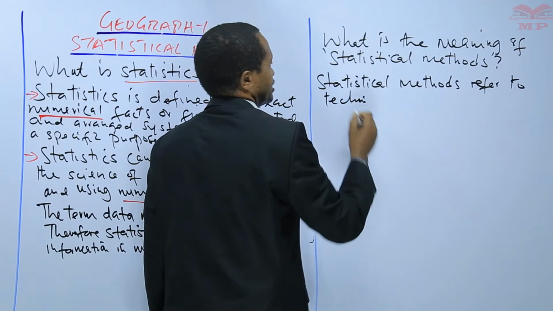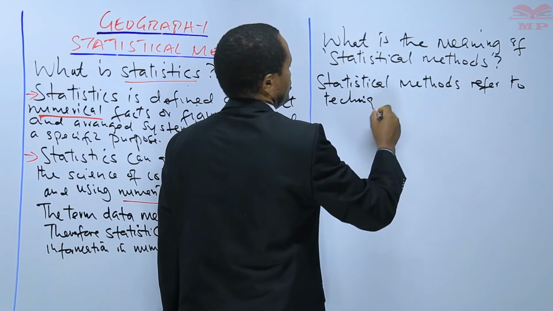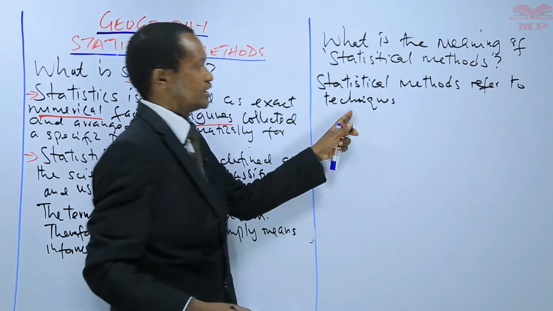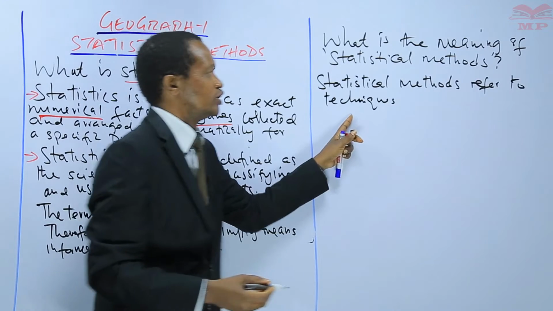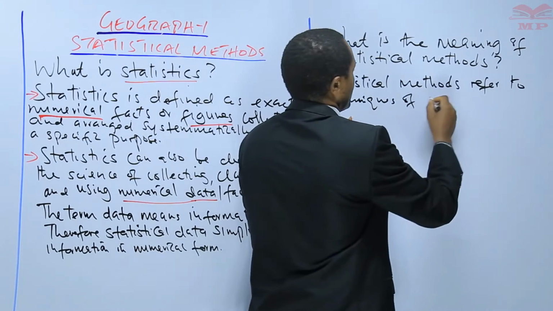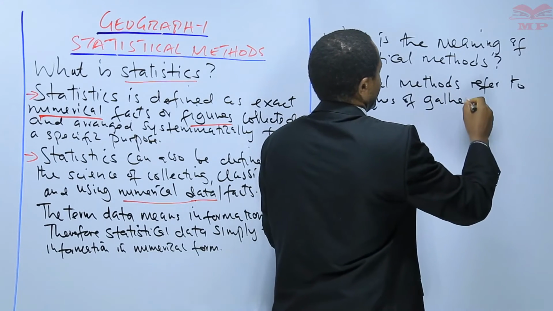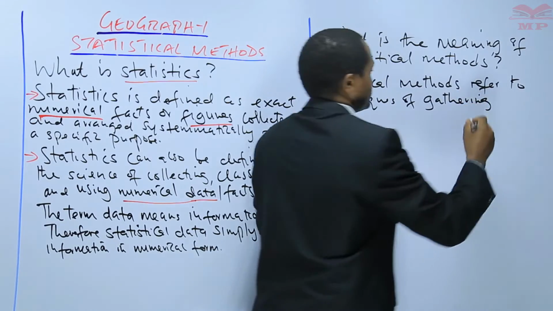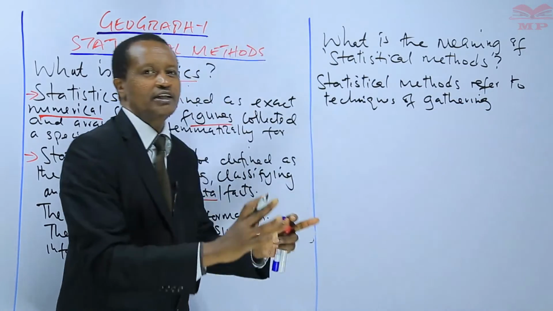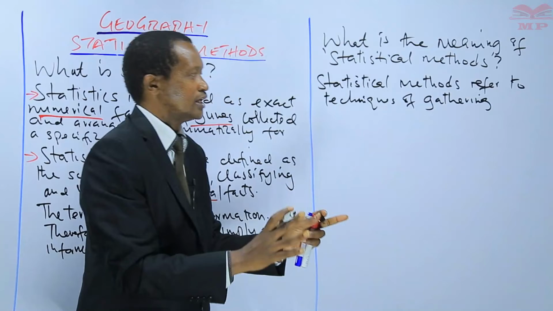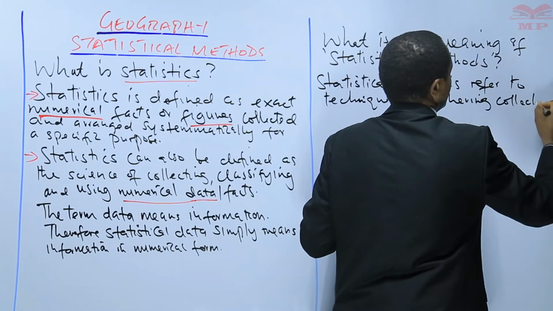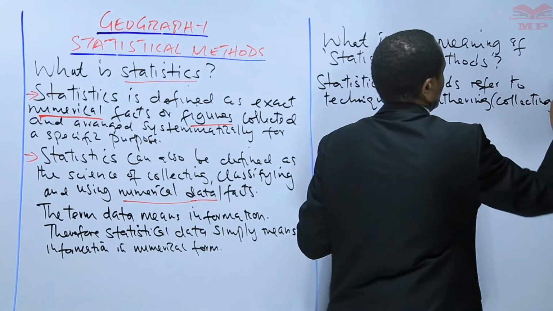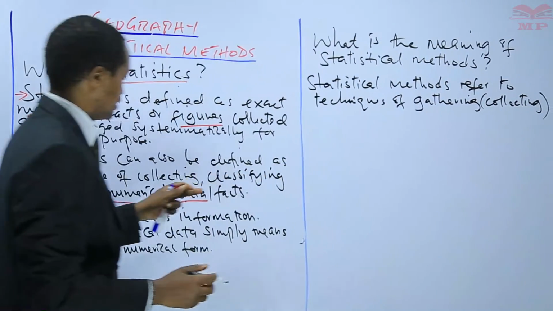Another word for methods is just techniques, okay? So these are techniques of doing what? Techniques of, number one, gathering. Gathering, learners. Gathering is just simply collecting. Remember we mentioned collecting somewhere.